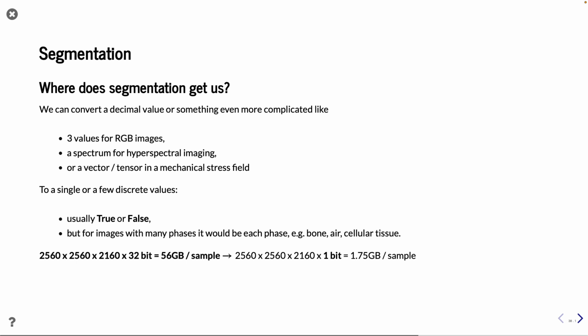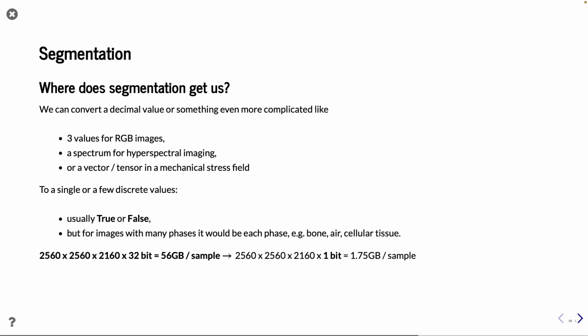The information we could have as input could be also RGB images, hyperspectral imaging, tensor images, anything. And in the end, we want to have maybe just a true-false image. It's there, it's not there. Or we may have few phases that we want to identify.